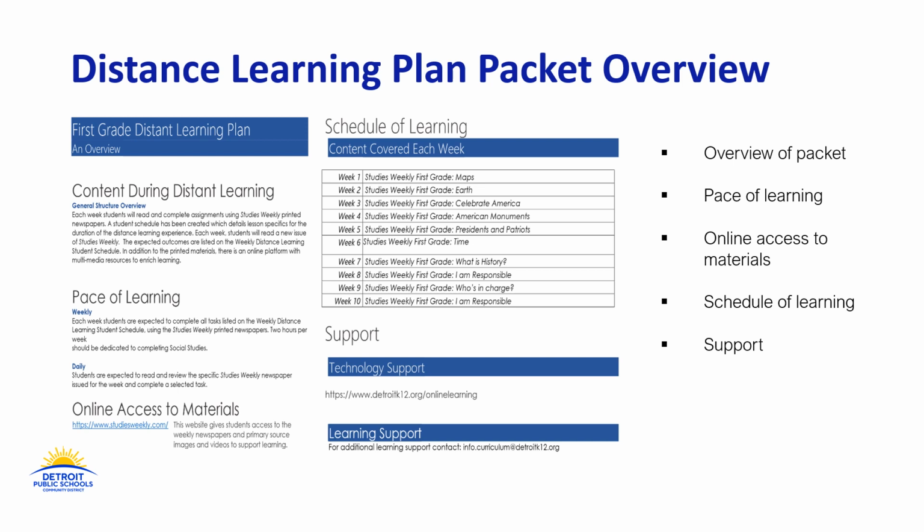It also has information on how to access and get those materials online. There's a schedule of your learning. So all of the content that's covered for weeks 1 through 10, it's all there. Also, don't ever hesitate to reach out to your teacher for any other support that you might need.